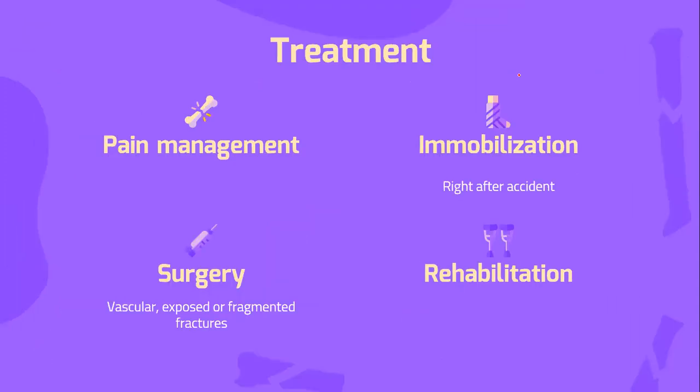And for treatment, first of all, we have to treat pain, of course, because it is what the patient is mostly coming for, right? Because he might not even know if he has a fracture unless there's a deformity, as we already saw.